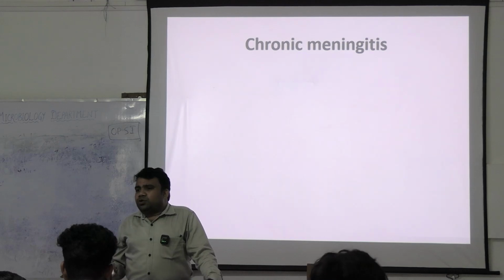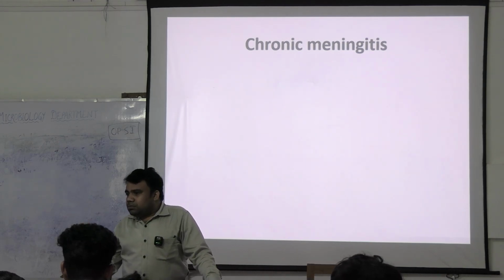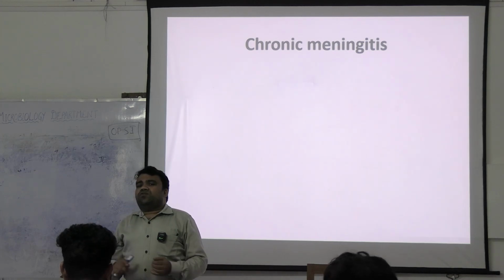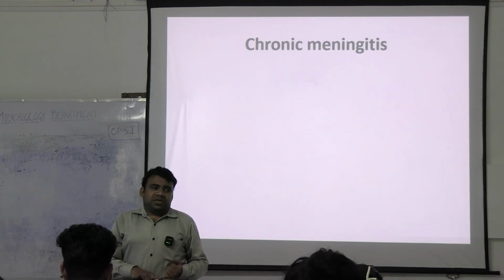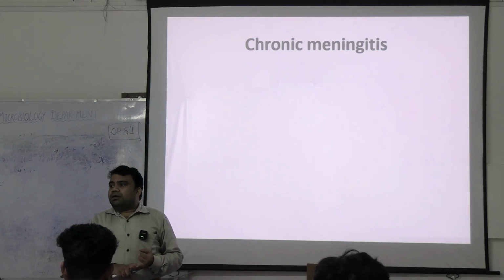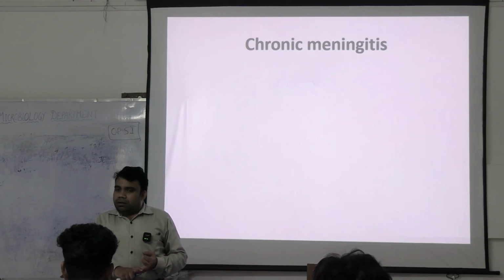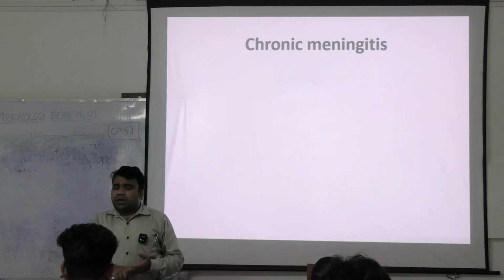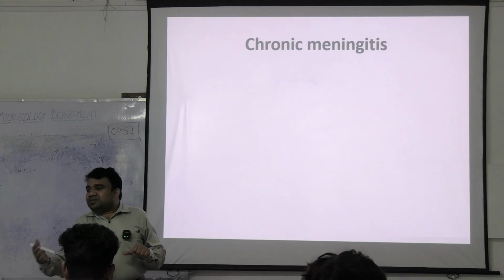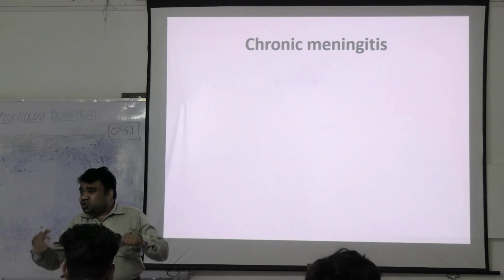And for diagnosis, the approach would be CSF. First, we have to look for the signs and symptoms. Predominant signs and symptoms would be fever, headache, nausea, vomiting, and signs that you have to observe.